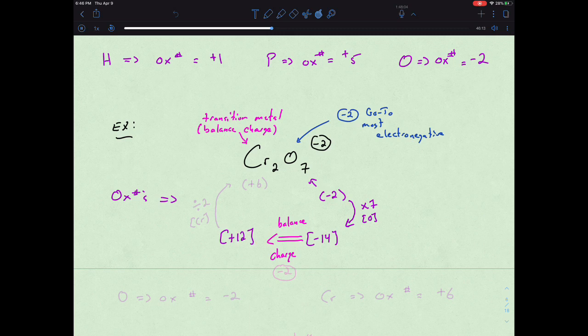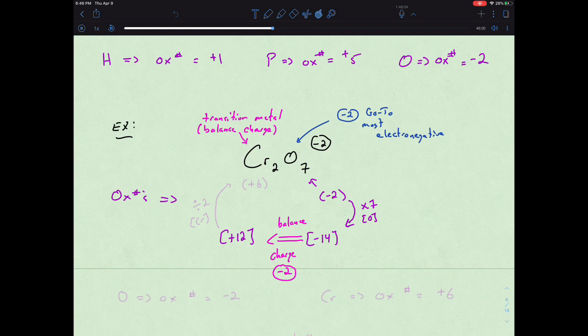Remember, our charge here is equal to -2. So we have a total of -14 from the oxidation numbers of oxygen. So that means we must have a total of +12.